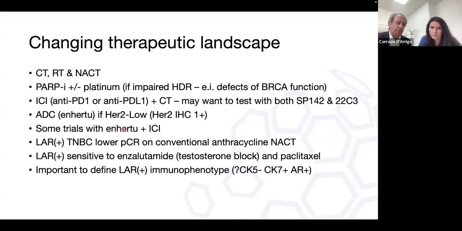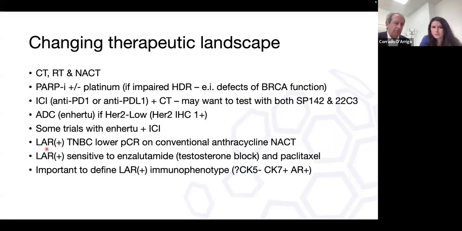Remember that, as we said very briefly, the antibody drug conjugate for HER2 low in triple negative is available, obviously I think in second line, but nevertheless that's important. There are now some interesting trials, for instance, HER2 plus immunocheckpoint inhibitors. I don't recall seeing reports of it, but I know they're going on.